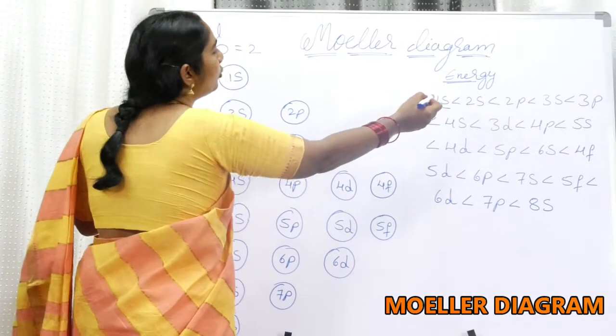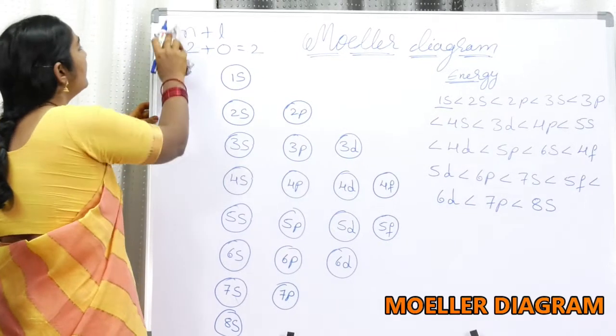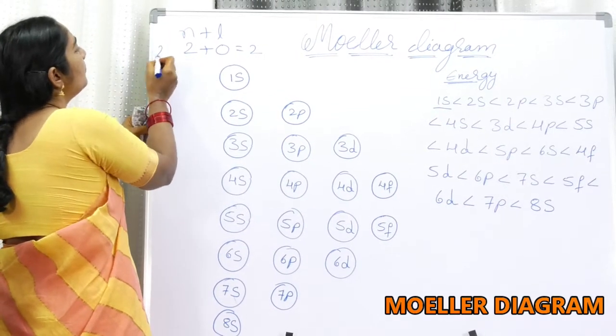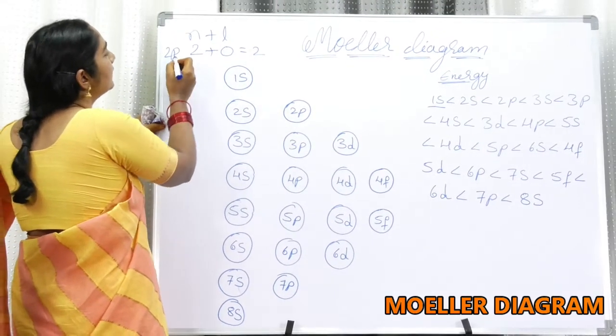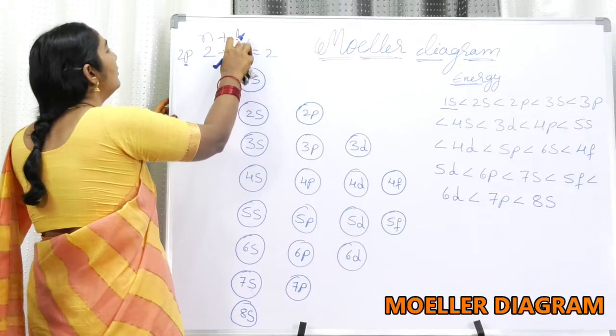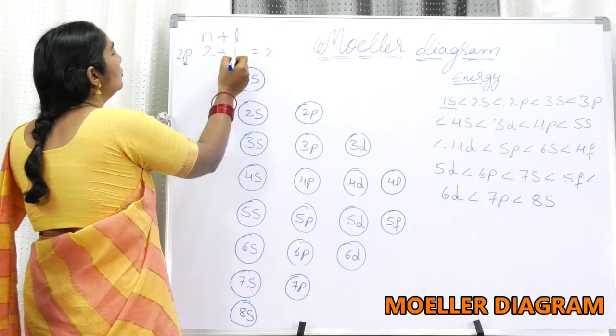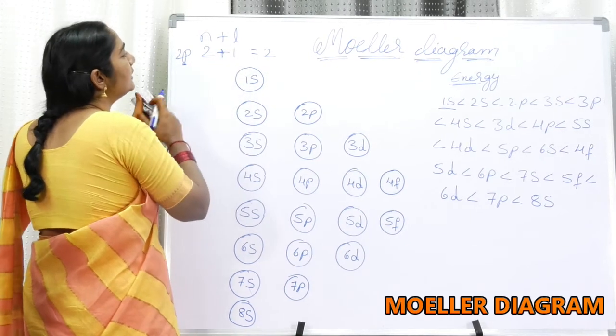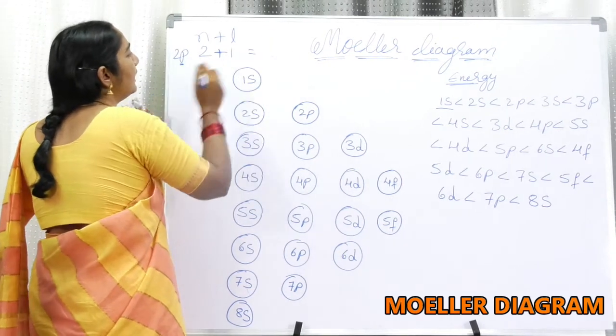Next, let us take 2p. For 2p, n is 2 and l is equal to 1, since the l value is 1 for the p orbital. So, the n plus l value is 2 plus 1, that is 3.